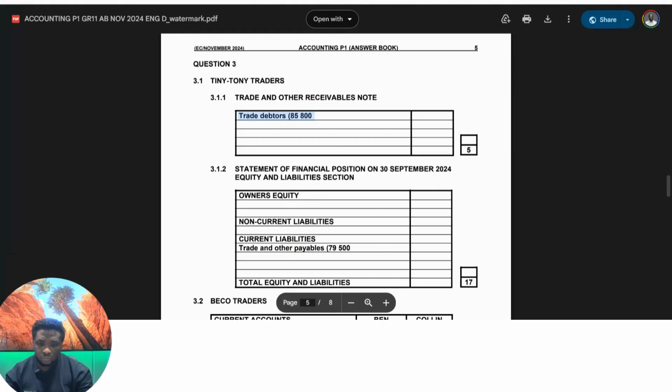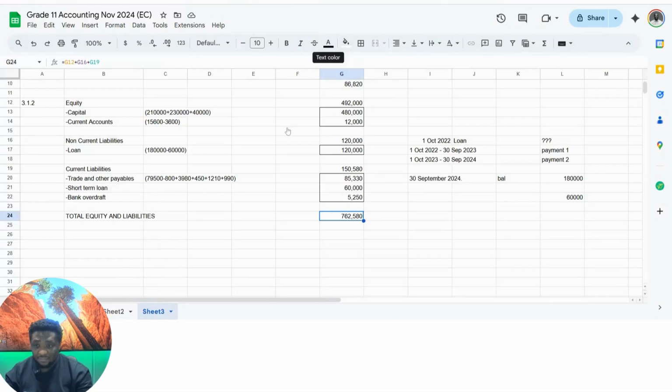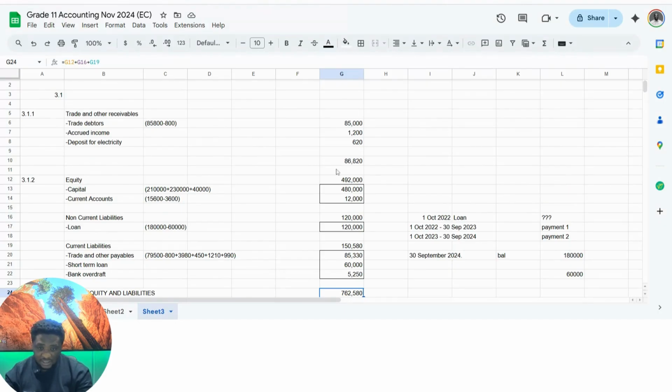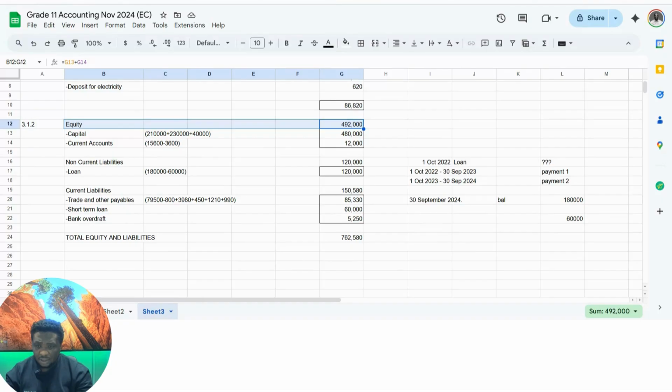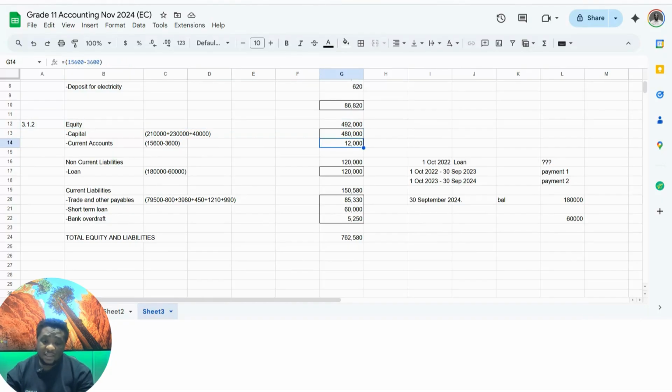Okay, cool. And then again, guys, just to remind you of something that I've been saying for a while. Firstly, the total 86,820, that would be correct no matter if the amounts that you got here are wrong, because you would add those wrong amounts to at least come out with the total. Okay. And then secondly, here, equity, this amount needs to be correct as well, because even if you have a wrong capital and you have wrong current account, the fact that you add them together gives you the method mark.